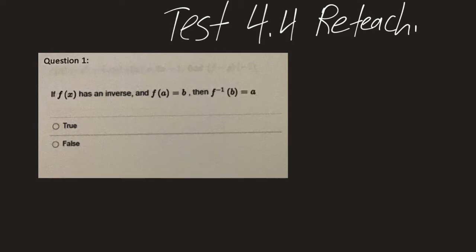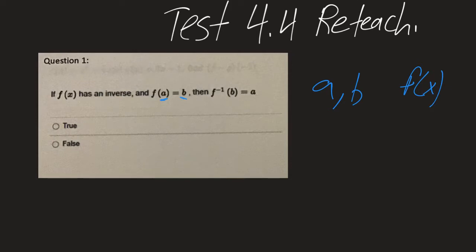Question one says if f of x has an inverse and f of a equals b, then f inverse of b equals a. Well, very simply, what are they saying here? They're saying that you have a point (a, b), that's x and y, in the function f of x.